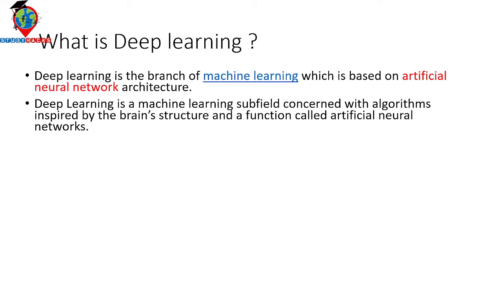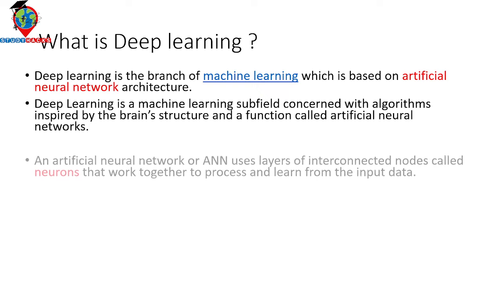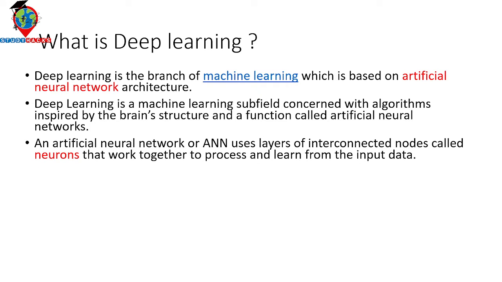Deep learning is a machine learning subfield concerned with algorithms inspired by the human brain's structure and function, called the artificial neural network. An artificial neural network, its short form is ANN, uses layers of interconnected nodes called neurons that work together to process and learn from the input data.